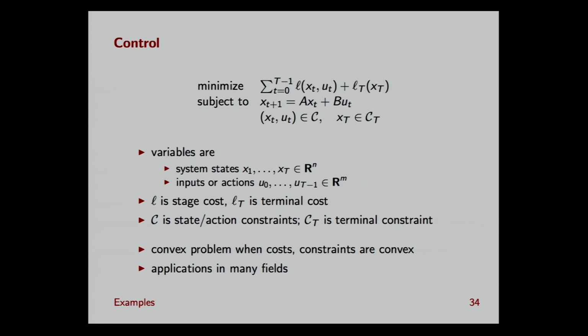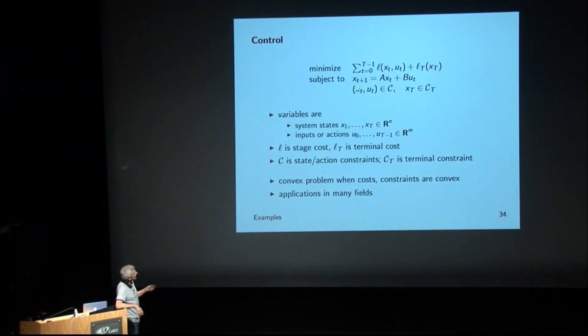And then you'd have constraints on the inputs, these are the actions you're going to take, and on the state, that being a constraint set, and you might have a terminal constraint. And you're to minimize this so-called stage cost plus a terminal cost, right? So this sort of abstract problem comes up everywhere. It's things like vehicle control, engine control, flight management systems. It's everything, and it goes to a lot of other stuff as well, right?